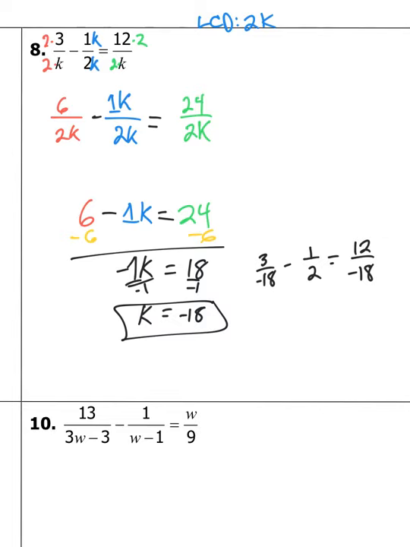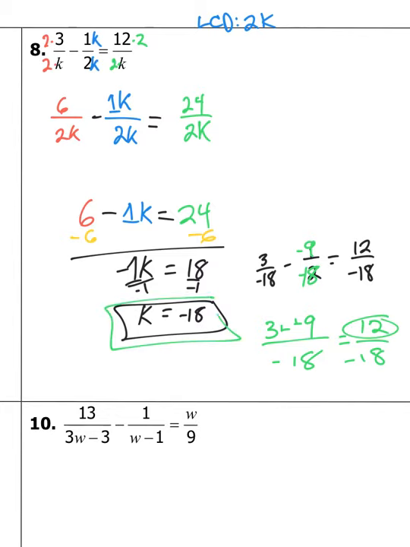If I make them all the same by multiplying by -9, I get 3 minus -9 over -18 equals 12 over -18. Yep, that works. 3 plus 9 is 12. So this works out.